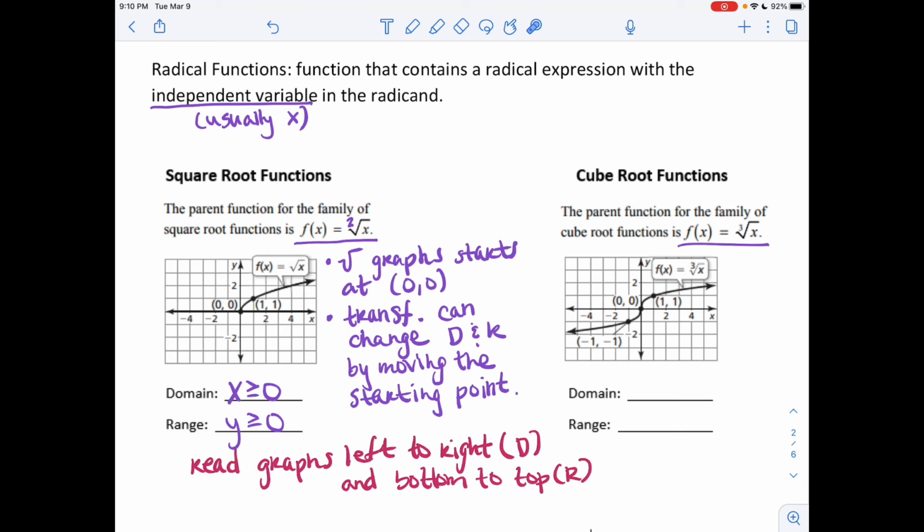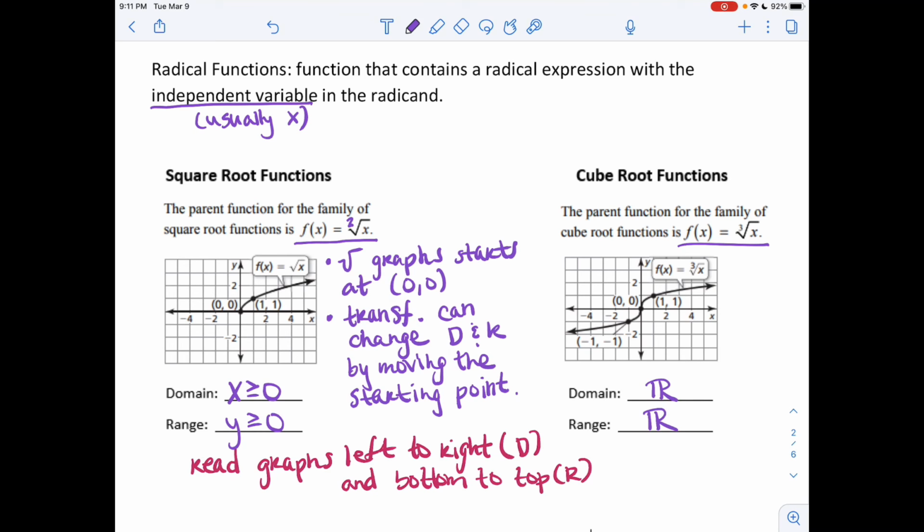For this one, notice that our domain, well, that arrow is pointing to the left and this arrow is pointing to the right. And since those arrows continue in both directions, our domain is going to be all real numbers. And then for range, I realize that this looks pretty flat, but it does continue to go down and to the left, up and to the right, and so eventually it gets to positive and negative infinity in the y direction as well.